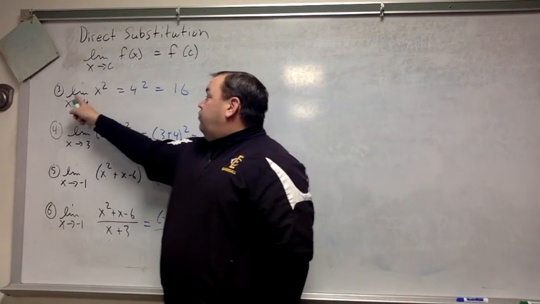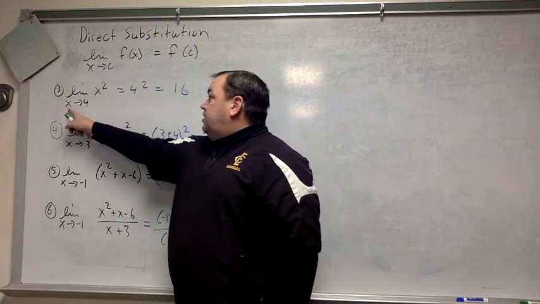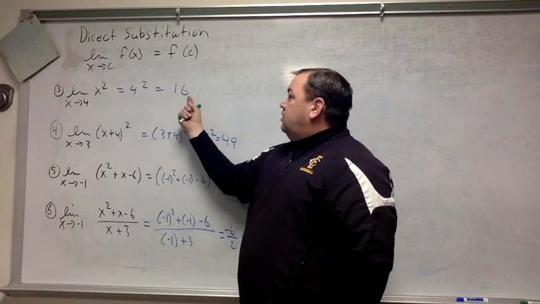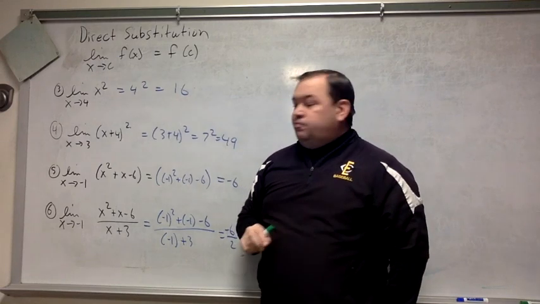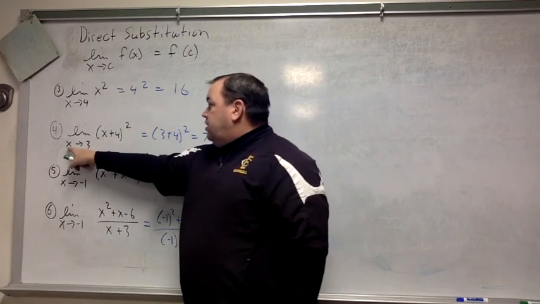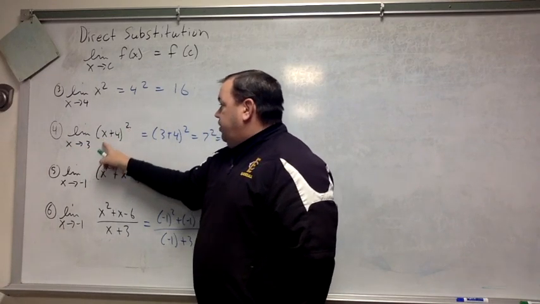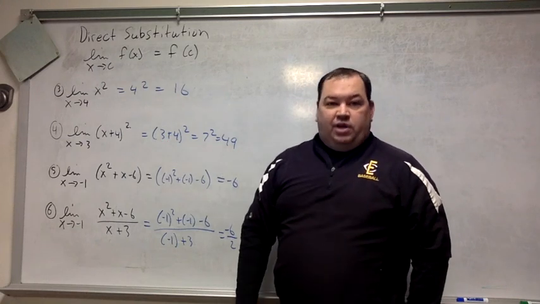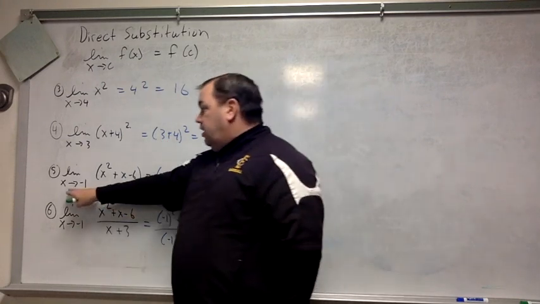So if I'm looking for the limit of x squared as x approaches 4, I'm going to plug the 4 in for x. This has a limit of 16. If I'm looking for the limit of x plus 4 squared as x approaches 3, and I directly substitute that 3 in, this has a limit of 49. I can do negative limits.